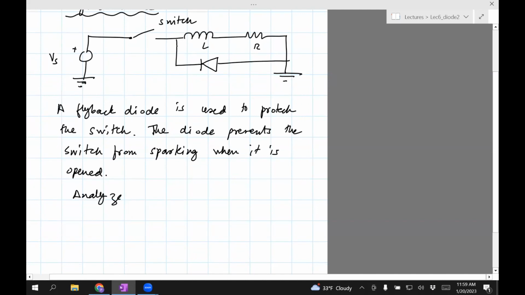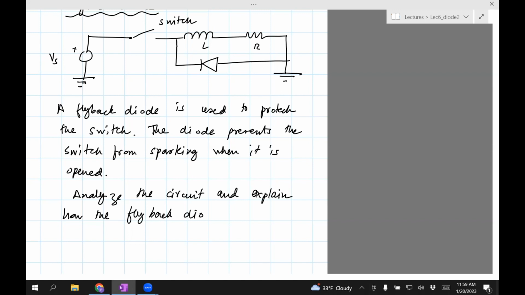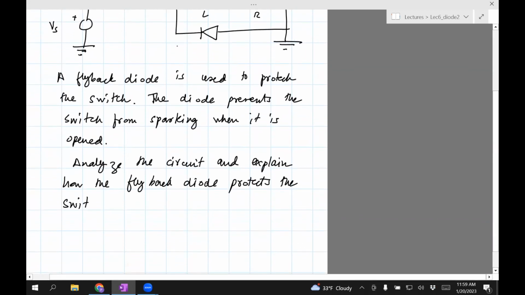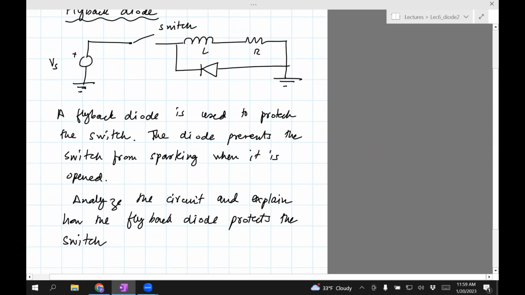Your goal is to analyze the circuit and explain how the flyback diode protects the switch. So do this. Try to reason it out. If you cannot reason it out, you can look at the internet.